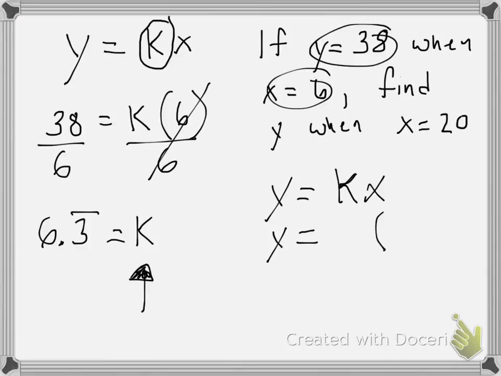That's 20. And I learned what k is, 6.3 repeating. So now y is going to be equal to 6.3 times 20. So y is equal to 126.6 repeating.